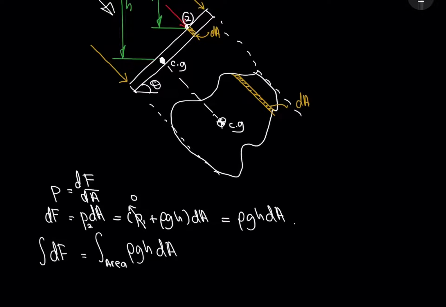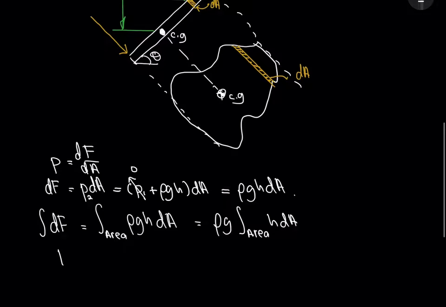The rho g is constant in this case because it is water, it will not change from top to bottom. So we put rho g outside, and integrate the whole area h dA. The h keeps on changing from the top to the bottom. So finally, F is equal to rho g integral over area of h dA.